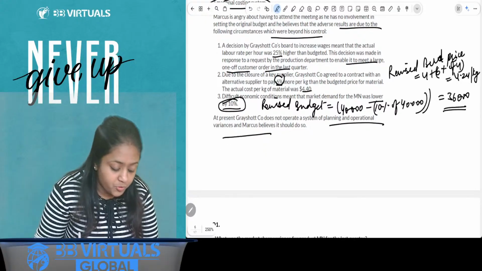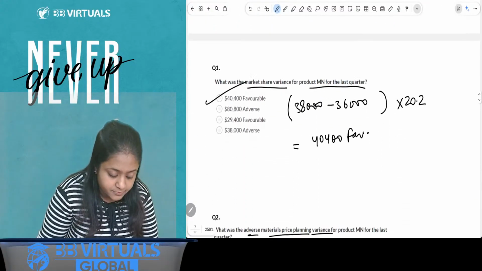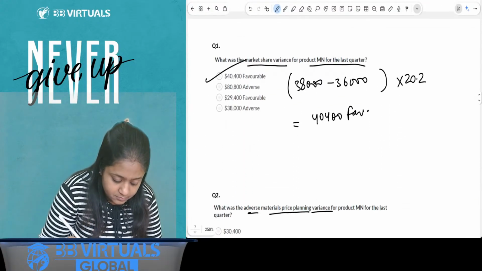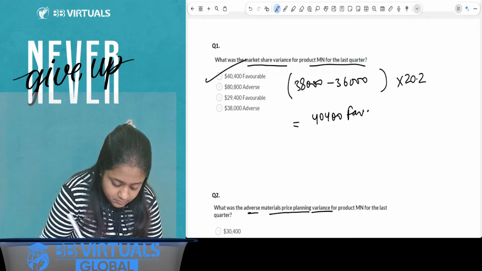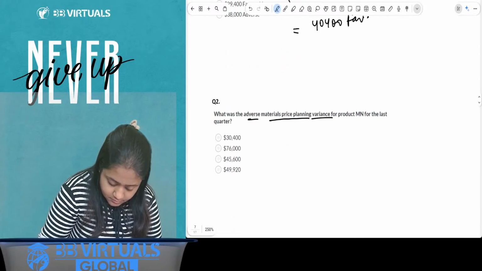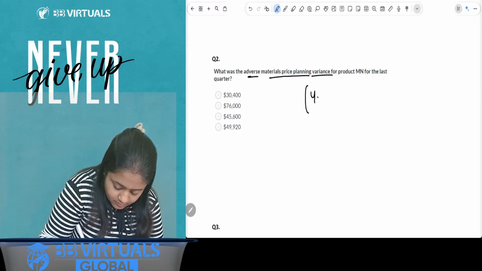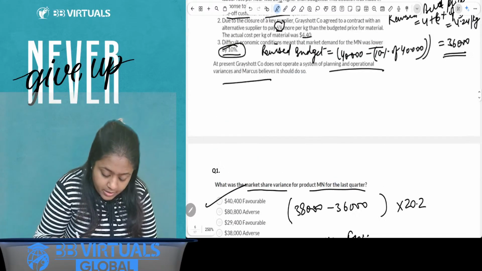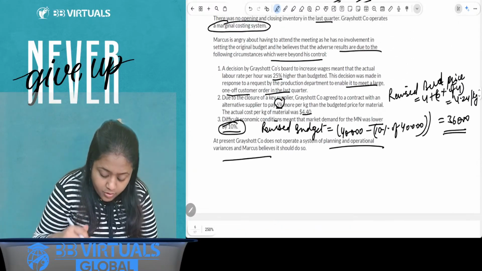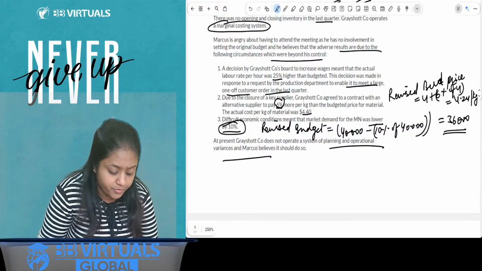Clear? 4.24 per kg. Now just get the difference. 4.24 less actual is 4. Actual is 4.4.